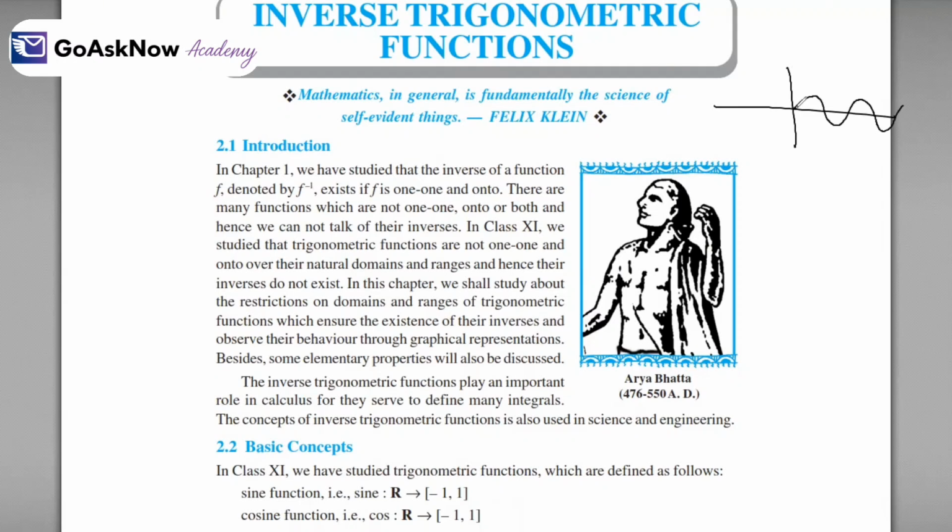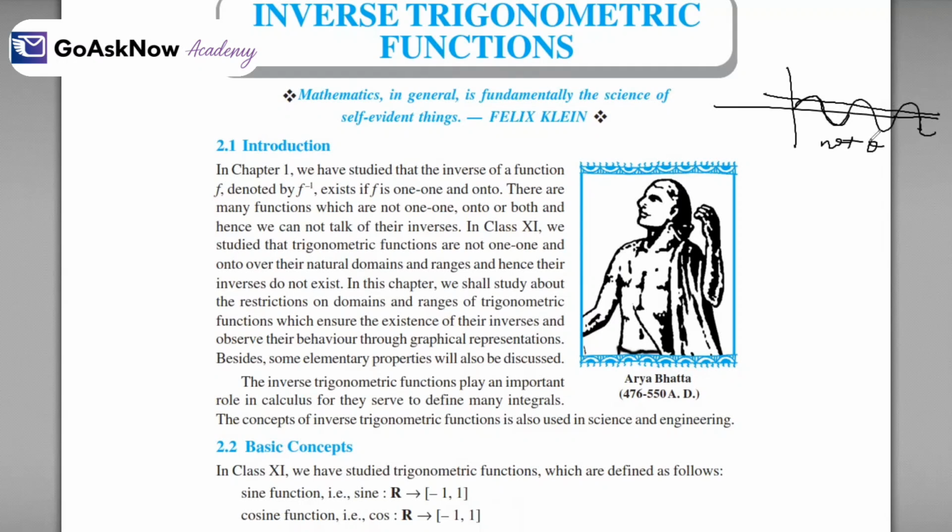Is it one-one or onto? No. Why? Because the function keeps repeating its values. It is periodic, so it is not one-one, because if you draw any line parallel to the x-axis, it will cut the graph at more than one point.